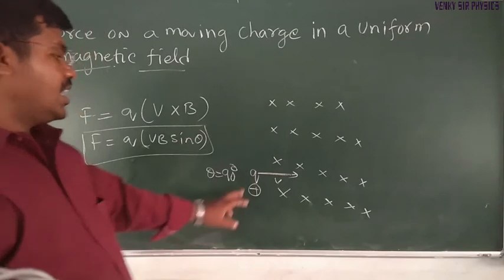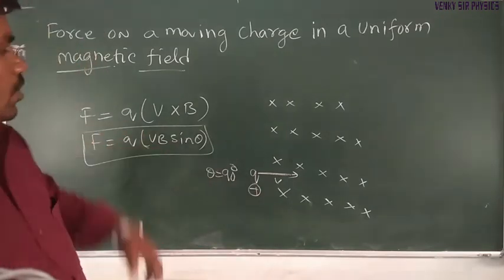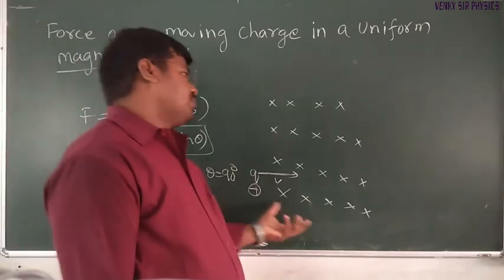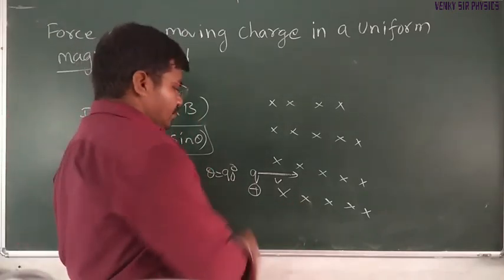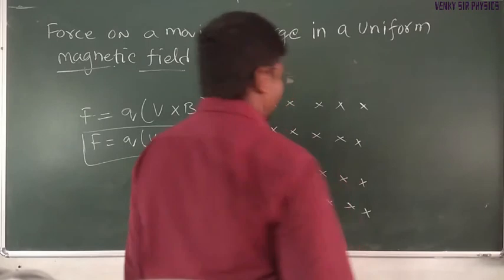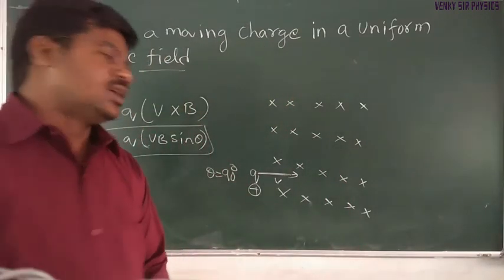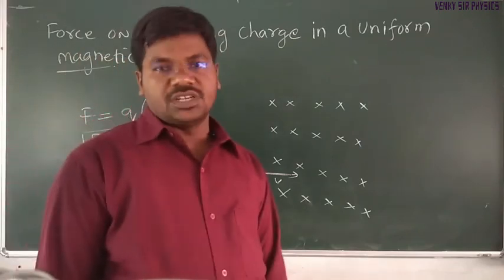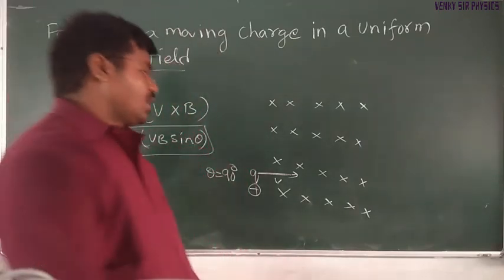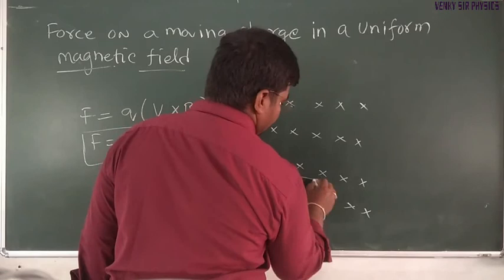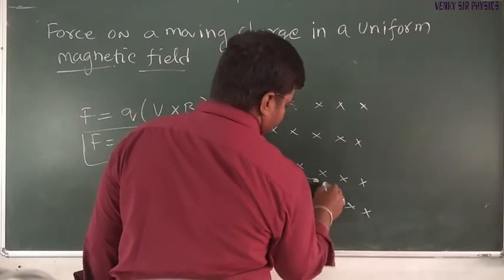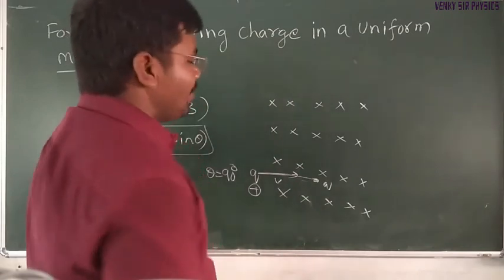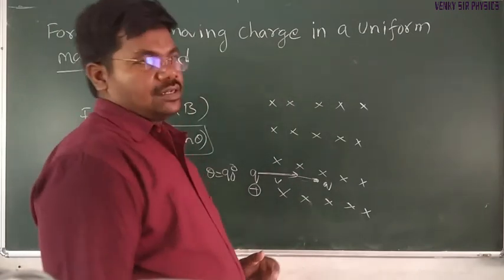The force experienced by the charged particle is F is equal to qvB. Here it is different: if a charged particle moves perpendicular to the magnetic field, the charged particle experiences a different motion. See, consider a point where the charge is located, according to Fleming's left hand rule.